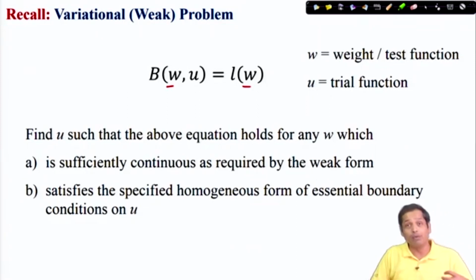Bilinear form will give you the coefficient matrix, or in case of solid mechanics problem, this bilinear form will give you the stiffness term, and the linear term will give you the forcing term, where W is the weight function or test function, and U is the trial function. Now the problem is: find U such that the above equation holds for any W, which is sufficiently continuous.